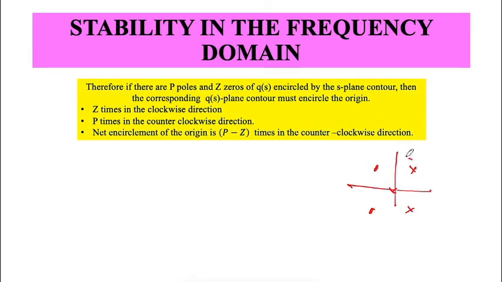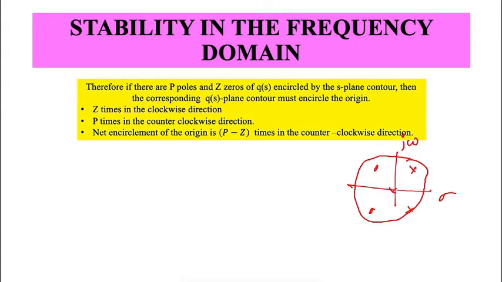So I will just have a contour which encircles all of them. Now I just say in the S plane I encircle all of them. This is sigma, this is j omega in the S plane.